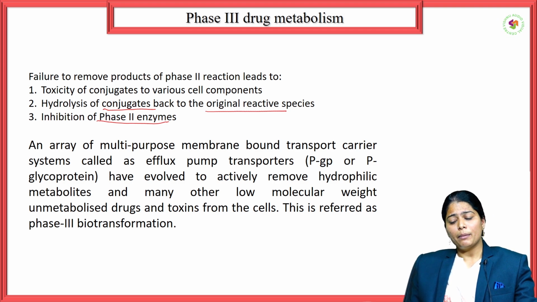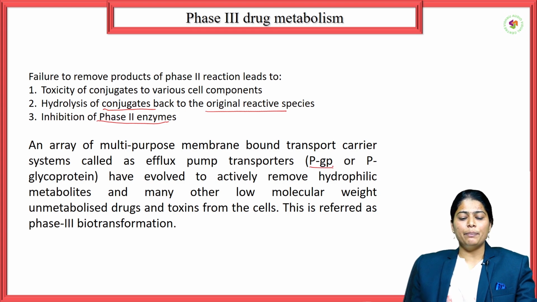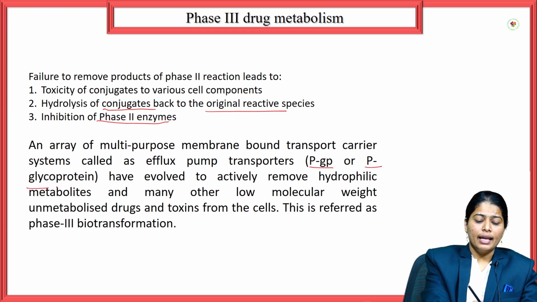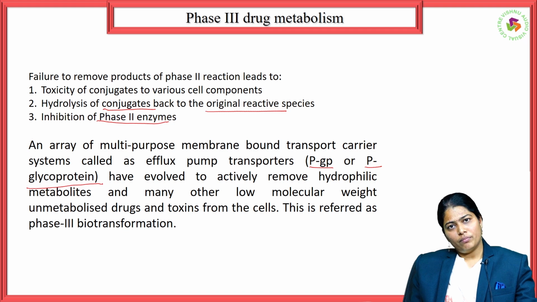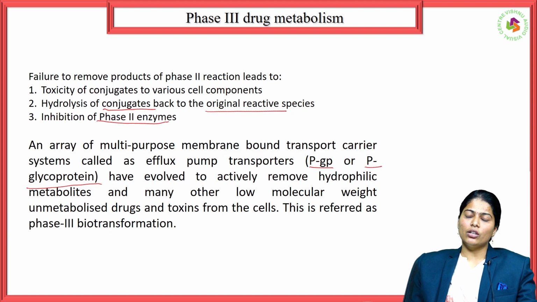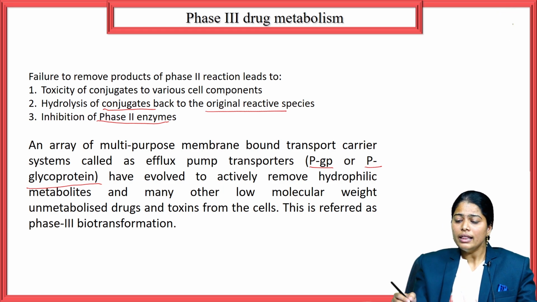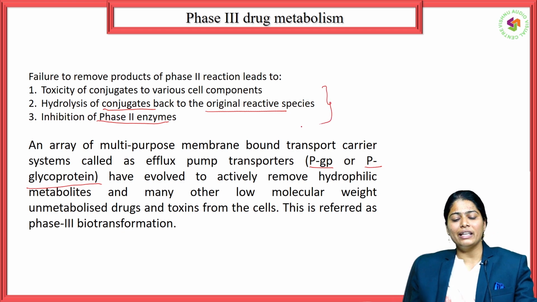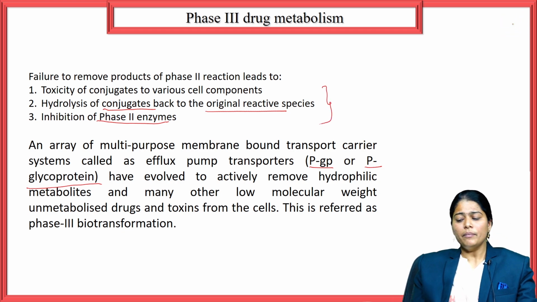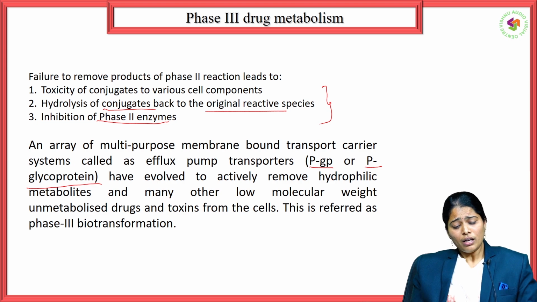An array of multi-purpose membrane-bound transport systems, which we call P-glycoprotein, are activated in phase 3 metabolism and inactivate the compounds we discussed above: the toxic conjugates, the metabolites which inhibit the phase 2 enzymes, and the conjugates which are reversibly converted into the original reactive species. All these three types of compounds are deactivated in phase 3 metabolism and excreted from the body.